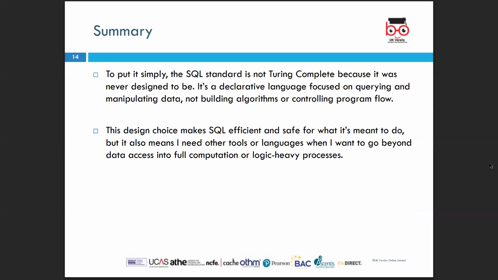To summarize, in simple words, SQL is not Turing complete because it was never designed to be. It is a declarative language focused on querying and manipulating data, not building algorithms or controlling program flow.